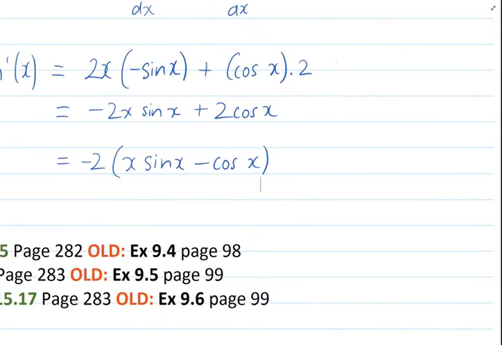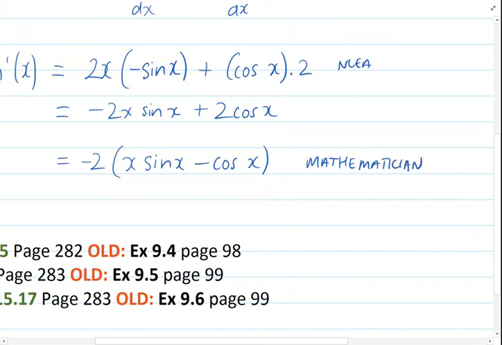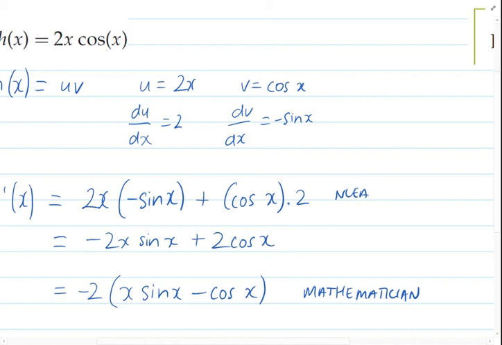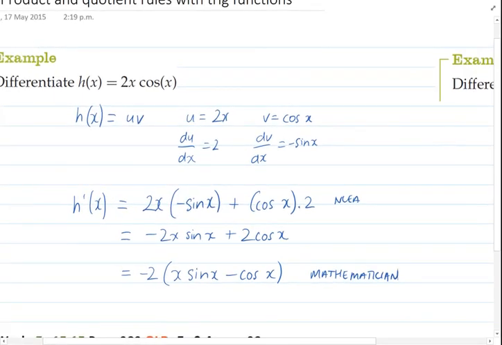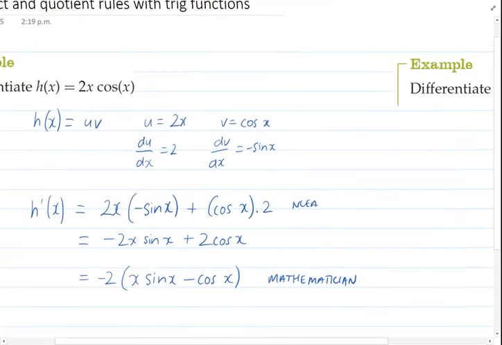So the same old story, NCEA there, and the mathematician's version down here. I shouldn't really say things like that while I'm trying to write this out. So there we go, mathematician's version down there.